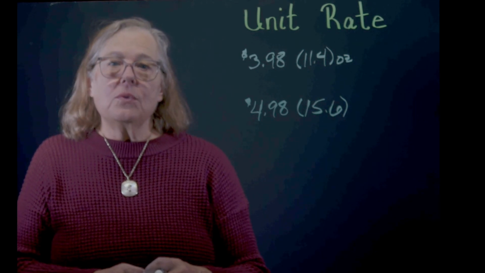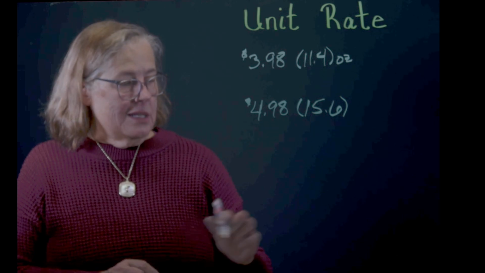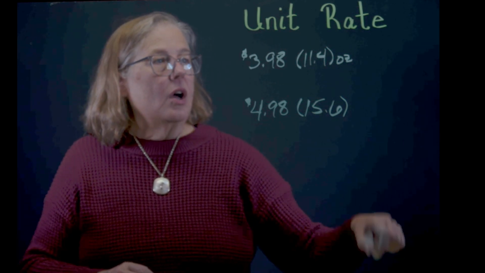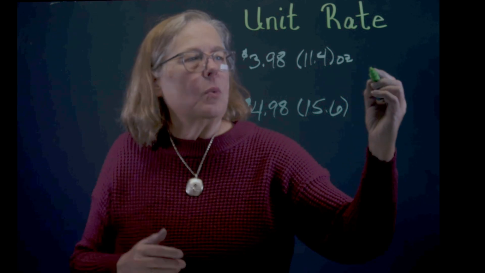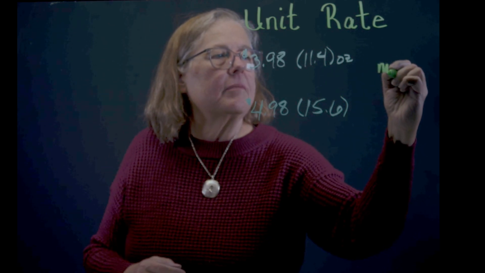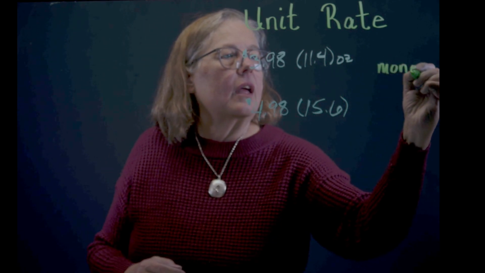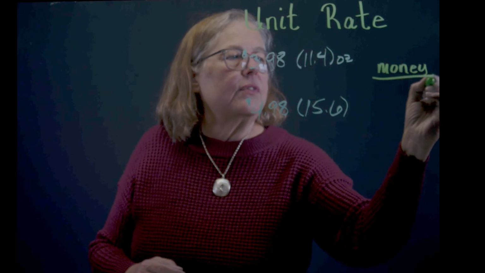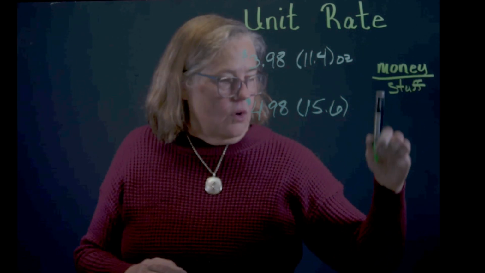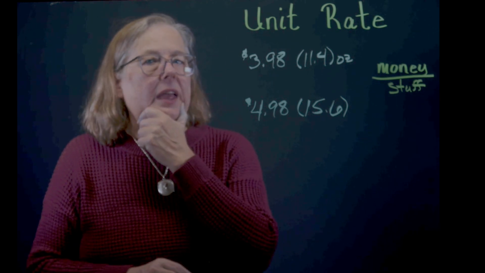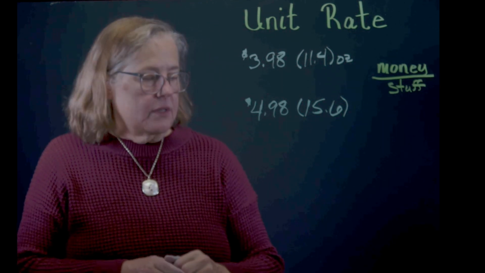We're going to find the unit rate. You guys, it's really easy. To find the unit rate, the clue, the idea that you want to remember is we're going to put money over stuff. So when I go shopping, I'm going to say, how much for the small box of cereal?